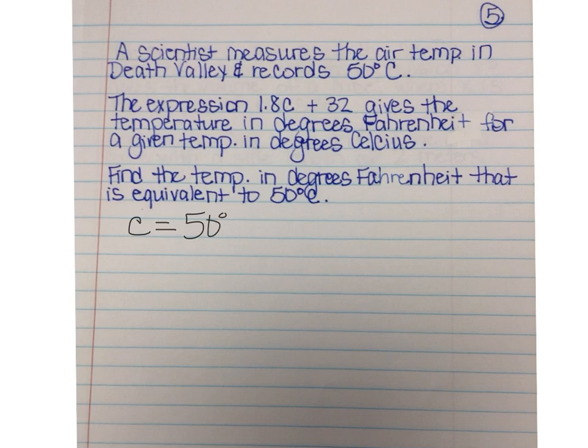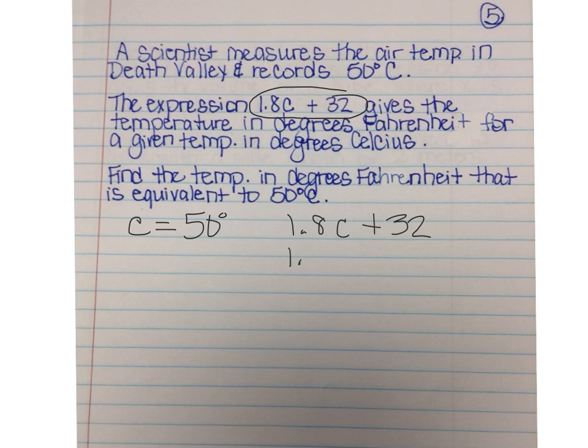All right, and they also told us the expression to use up here, 1.8 times Celsius plus 32. So we're going to do that. We'll have 1.8, let me just write it out first, C plus 32. All right, now let's plug our numbers in.